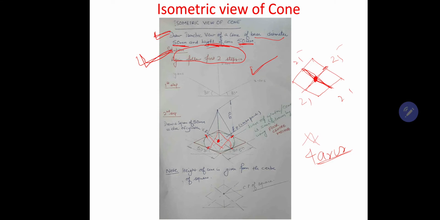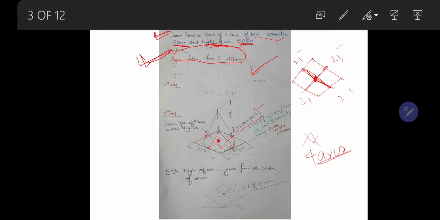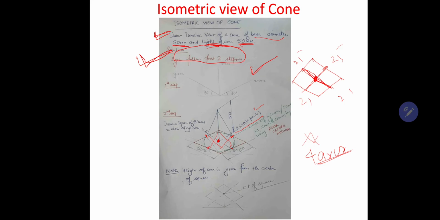Now from this center point, you have to give a height of 50 mm, which is given in this question. So this is the 50 mm height. I have already written the center point. After marking a point at a height of 50 mm, this is the point.